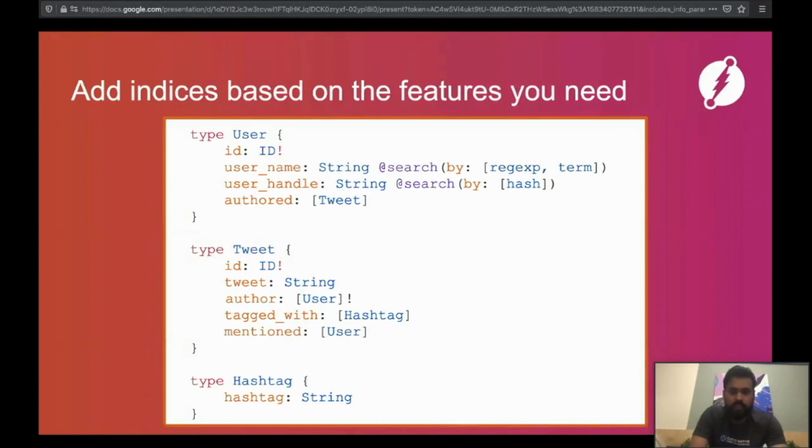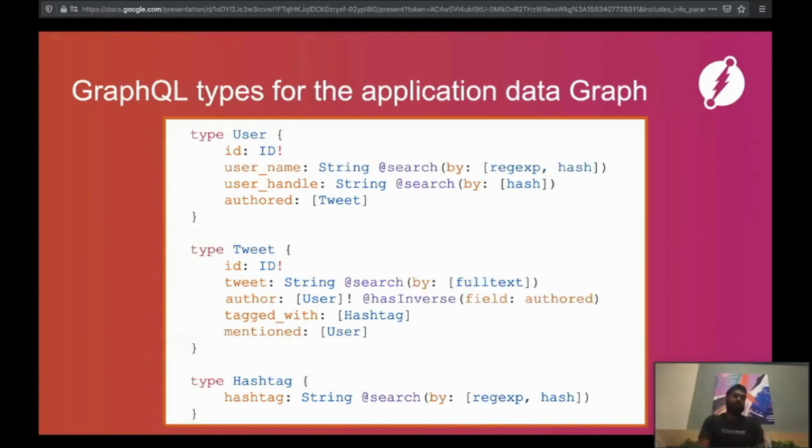So again, with dgraph, as I mentioned, you can not only get started with using the database just using GraphQL, but also iterate as your product requirements evolve, as your UI requirements evolve, just by using GraphQL.